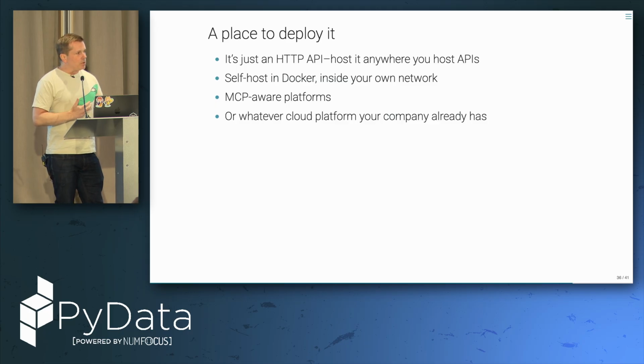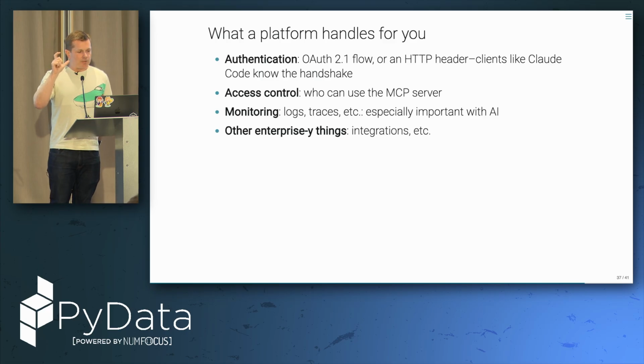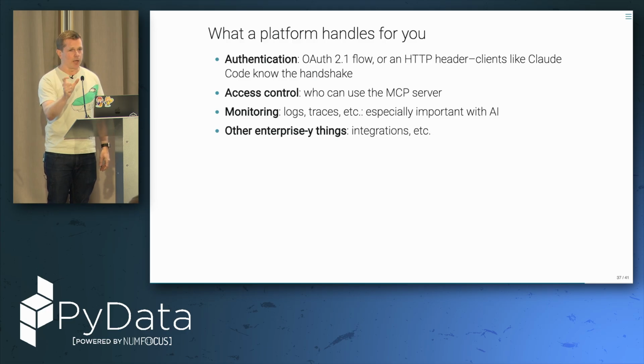If you do deploy on a platform that is aware of some of these things, you can get more out of it. And the first one that's really nice is that there is authentication built into the MCP standard. It's an OAuth 2.1 flow. So if your server supports it, I can just give you the URL, and when Claude connects to the MCP server, it says authentication's needed, because we're meeting the standard that is in MCP.